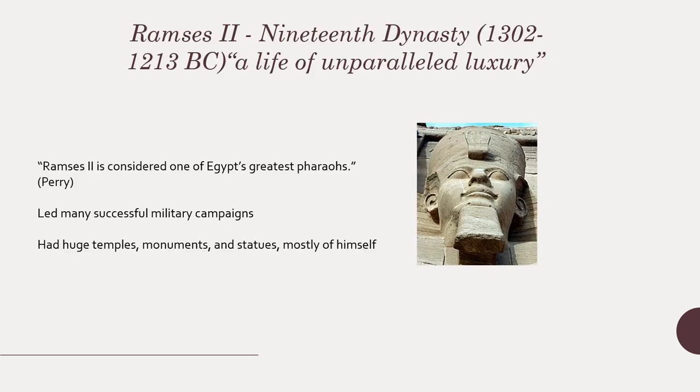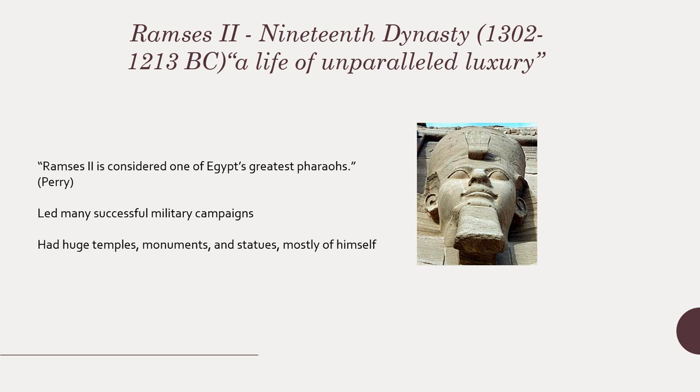Another extremely important, powerful Egyptian pharaoh, Ramses II, in the 19th Dynasty, as one source has called it, a life of unparalleled luxury. So he's considered one of Egypt's greatest, if not the greatest of all pharaohs. Led many successful military campaigns.